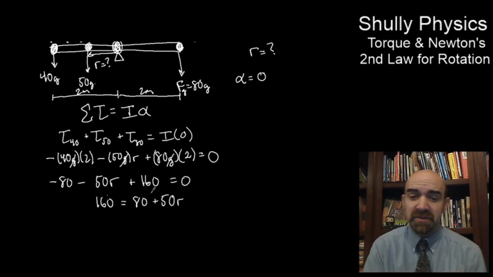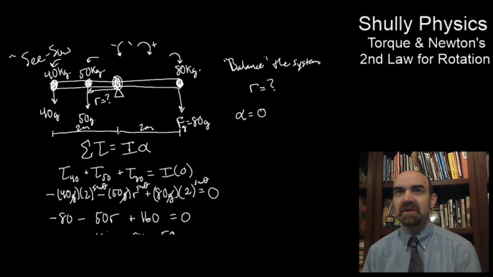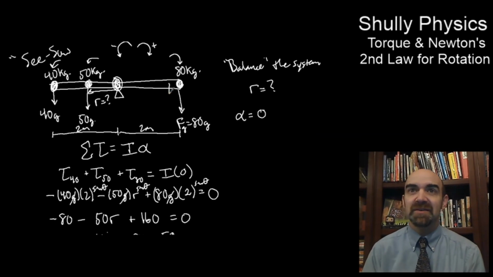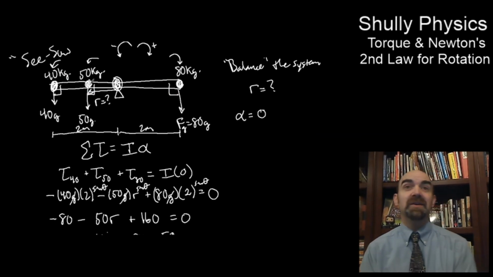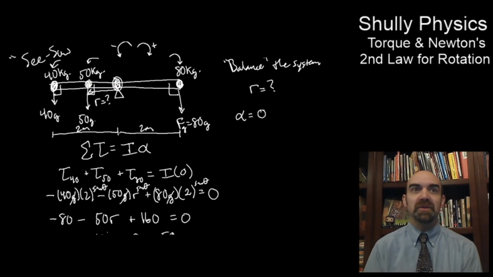Before I just go ahead and finish this and solve this, there's one piece that I did leave out. Shouldn't we have a sine theta on each of these? And please don't ever forget that. If it is important, do we need those sine thetas? In this case, all of these forces are indeed perpendicular to the torque arms. If we look at the torque arm going out to the adult, it's perpendicular.